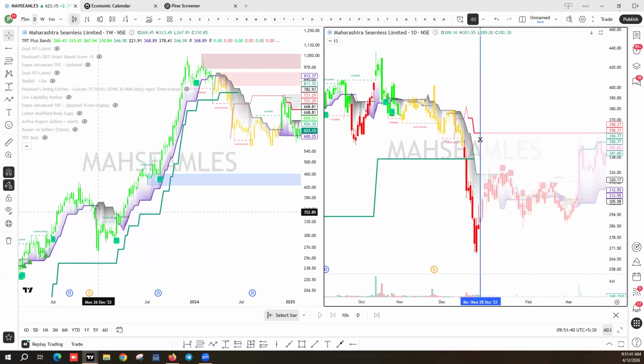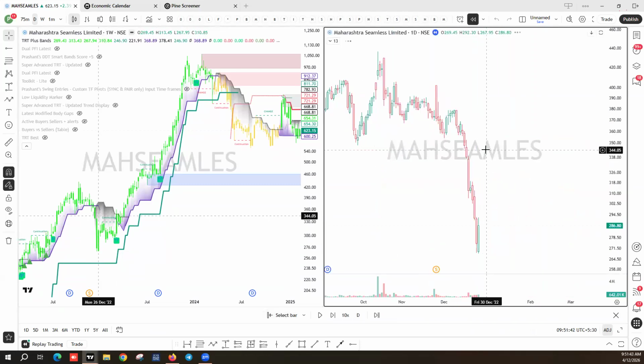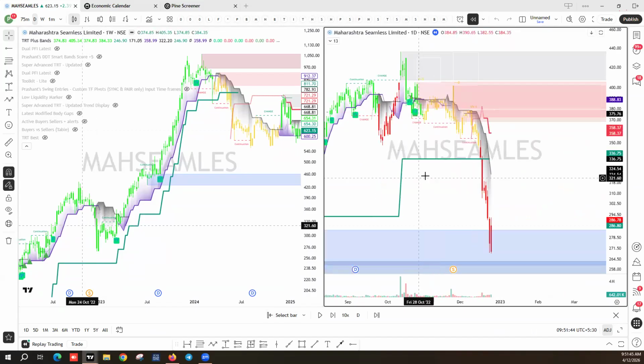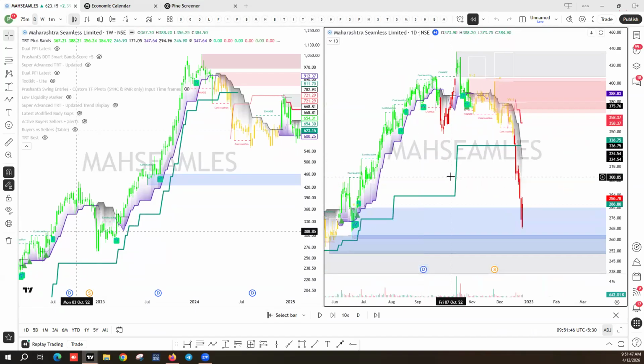Means the higher time frame support is green and the lower time frame, the entry time frame, is red. Yes, I'm coming to that point. See, now this stock is in downtrend and it is in the buying area, right? But where is this buying area?